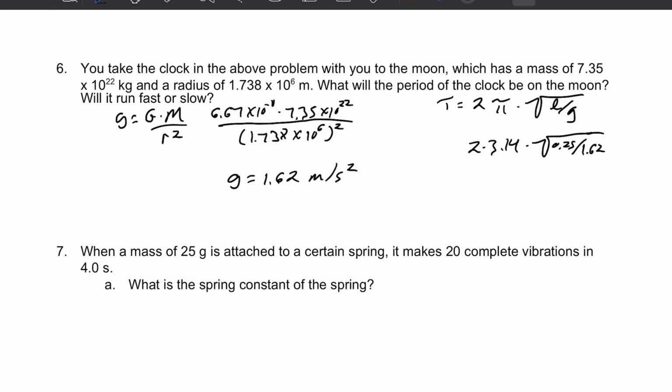Put that into a calculator, and we should get a period of 2.47 seconds. So it's going to be slower. It only took 1 second to complete the periodic motion on Earth, and it took 2.47 seconds, a longer period of time, on the moon.